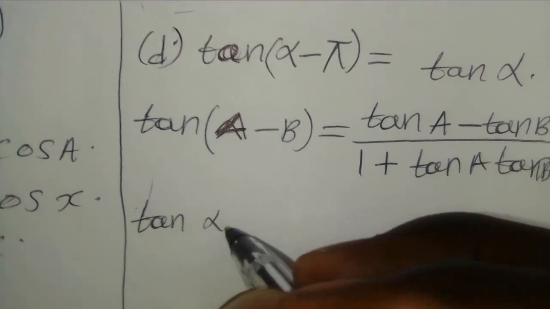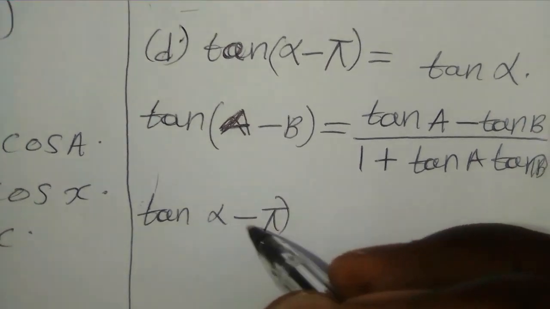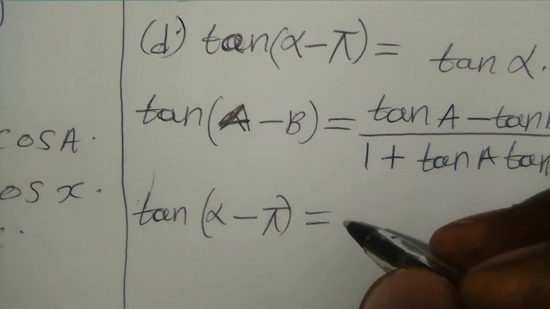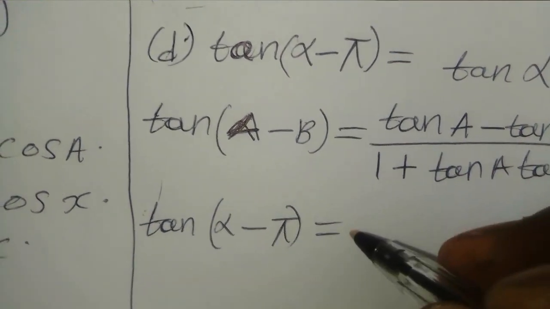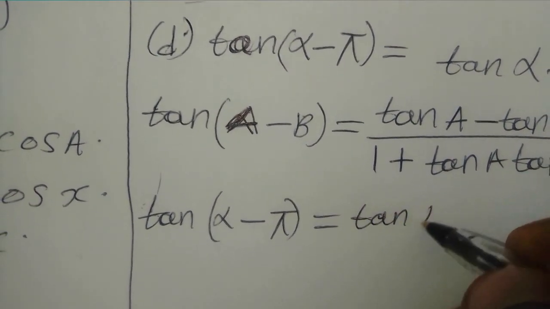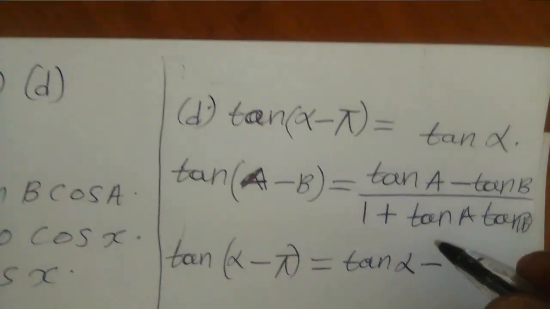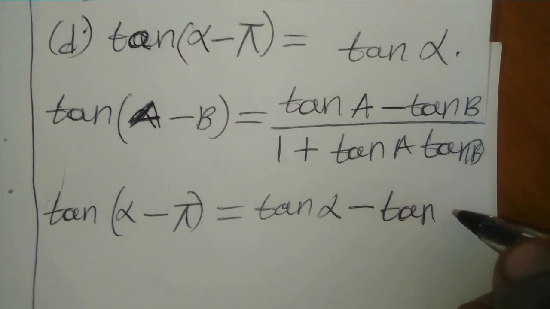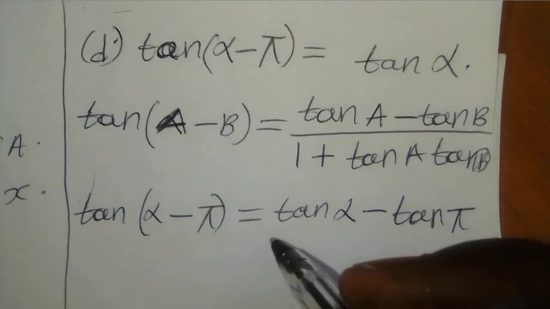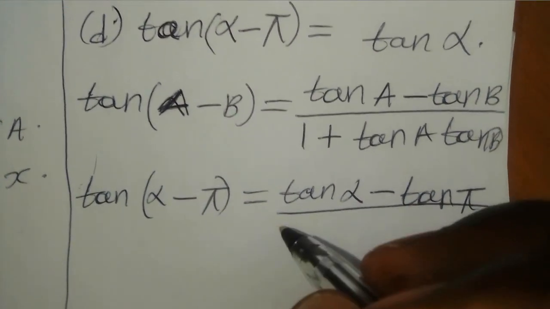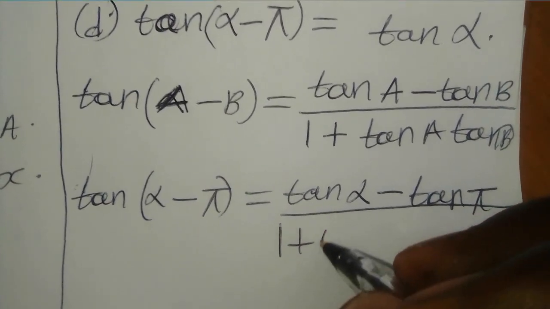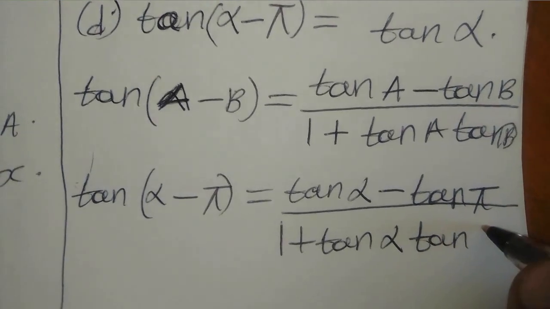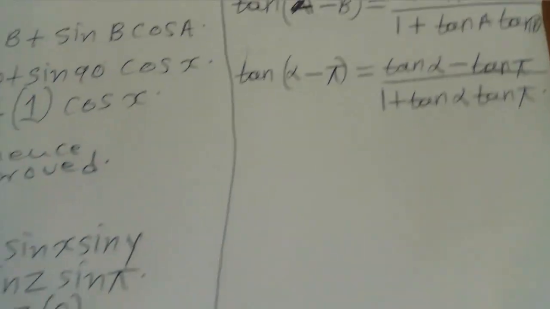So tan alpha minus pi is equal to tan A, our A in this case is alpha. So we'll say tan alpha minus, our B is pi, so tan pi over 1 plus tan alpha tan pi.